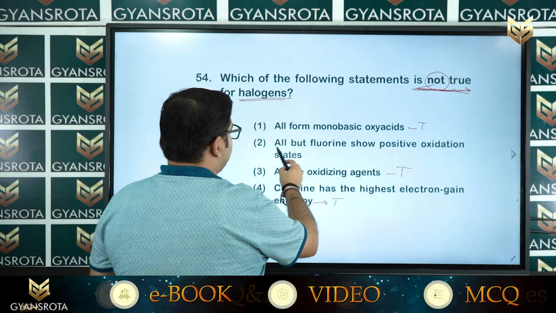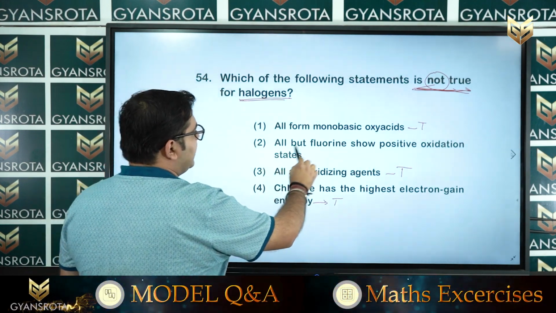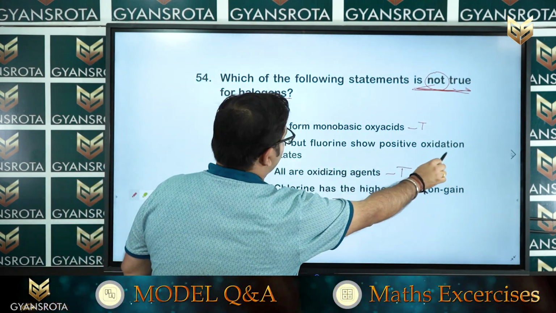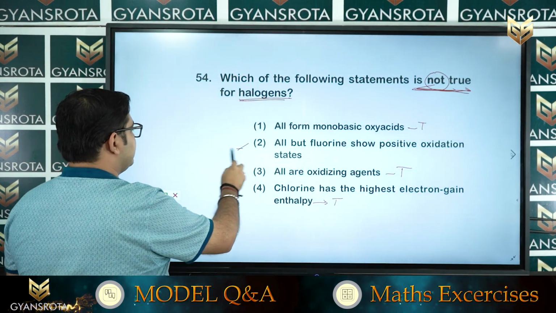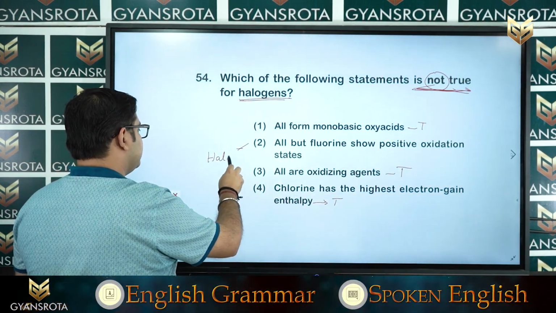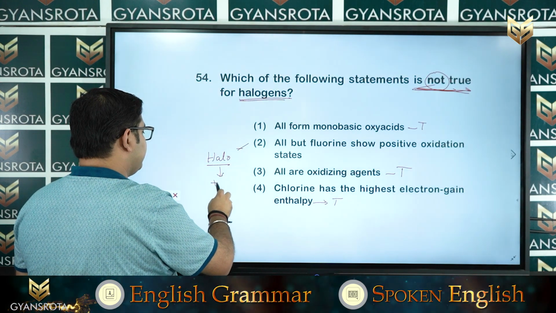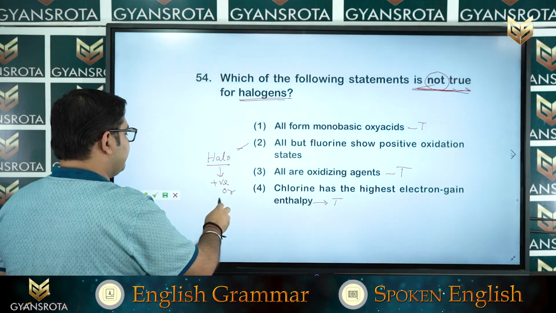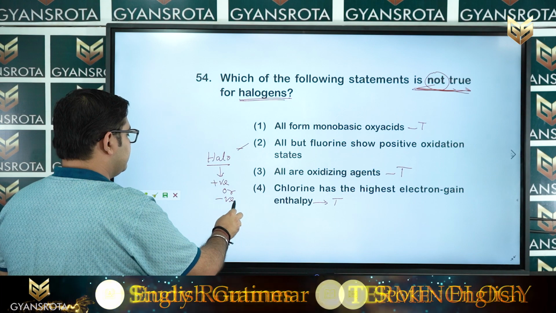Now, if you see the option number 2, all but fluorine show positive oxidation state. Now, in halogens they may show positive or negative oxidation state, okay.